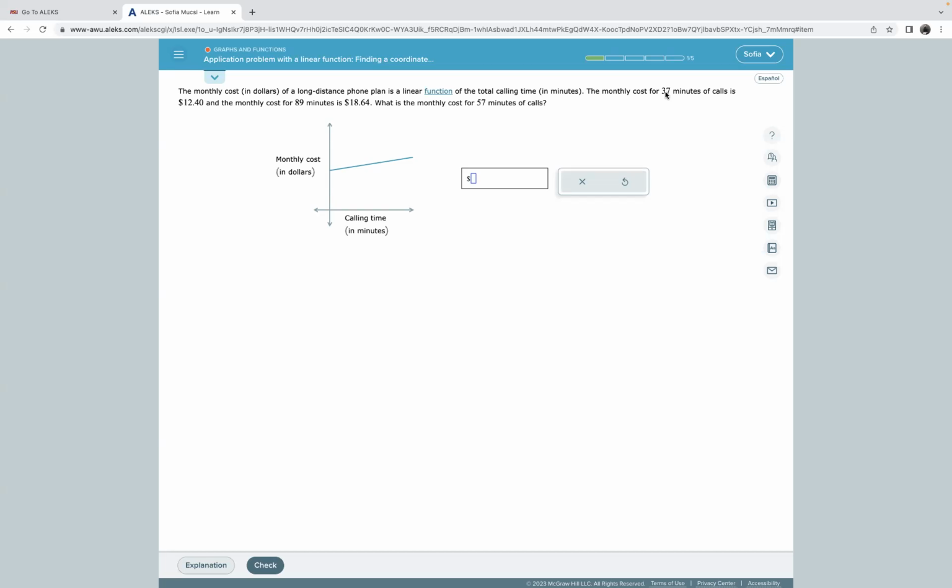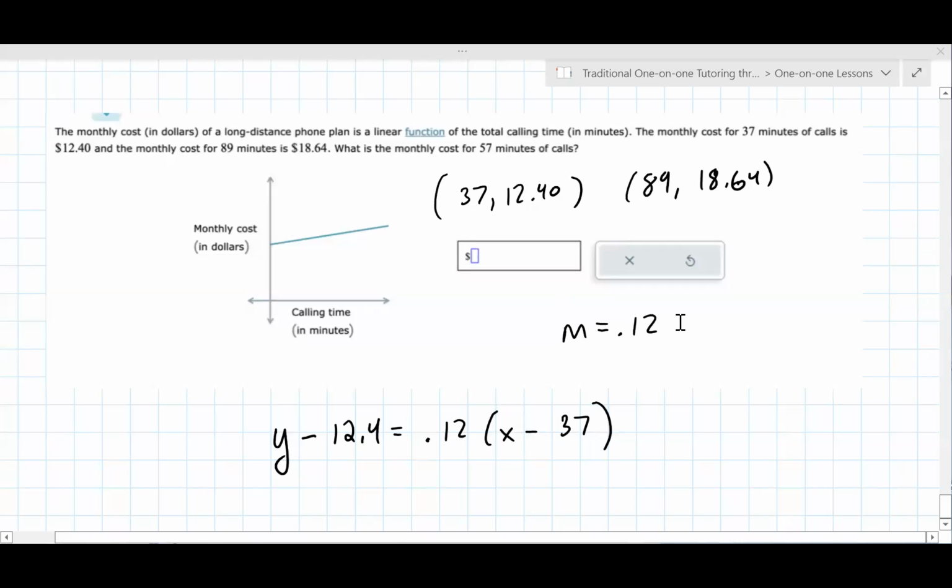I'm going to real quickly share my screen. So your slope should be 0.12. Yep, just got that. And then, as a preference, I pick the first point for the point-slope form.